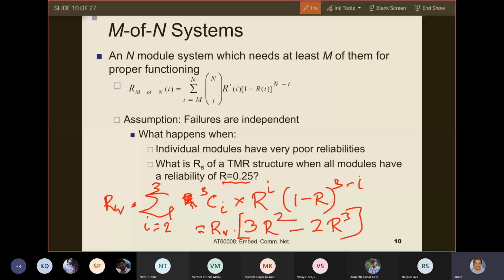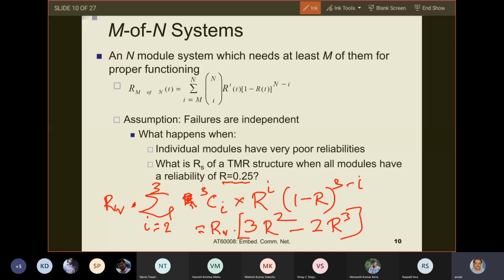So the reliability of individual components is almost gone, 0.25 is almost dead. Now let us put an M of N system to make it better.